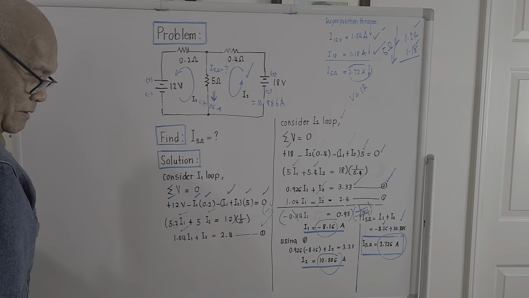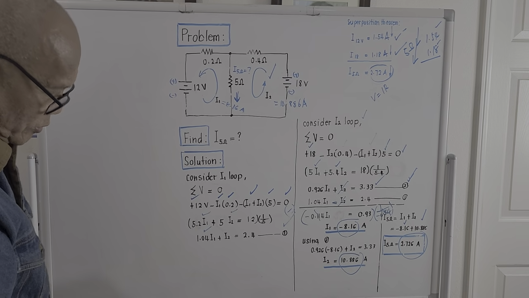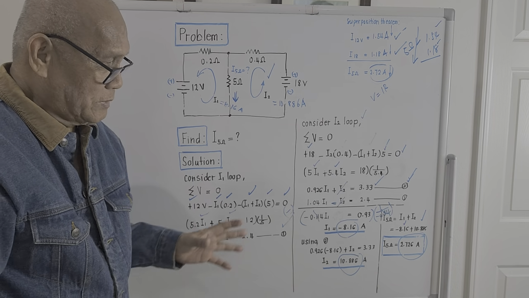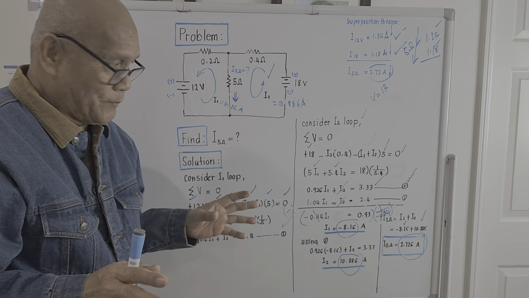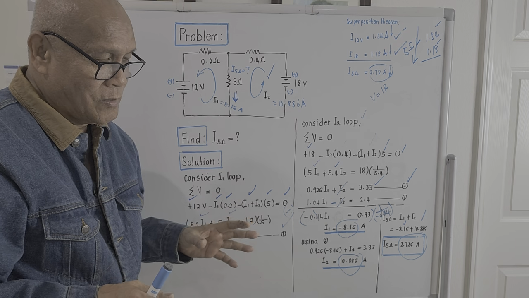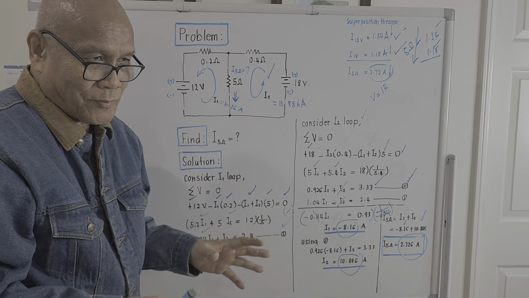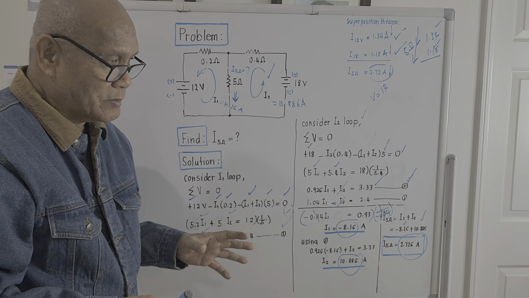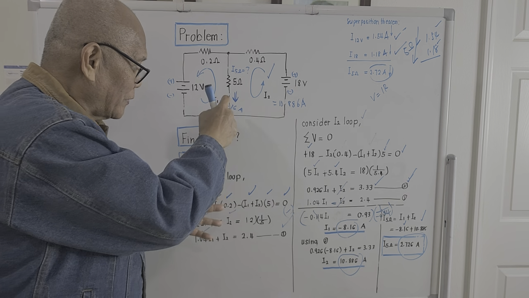I think you have understood it very well. And this is just an illustration of how the concept of Kirchhoff's voltage law is applied in solving for currents on a given particular component in the circuit.